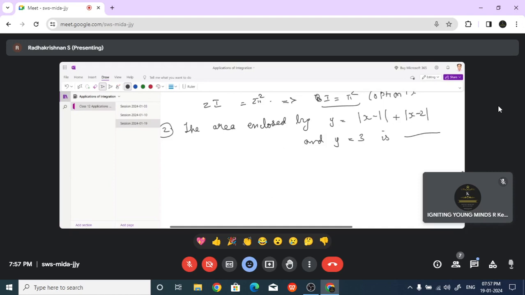So you get x equal to 1 and x equal to 2. Those are the two critical points. So the ranges will be minus infinity to 1, 1 to 2, then 2 to infinity. Those are the three ranges in which the graph will look different. The equations will be different in these three ranges.